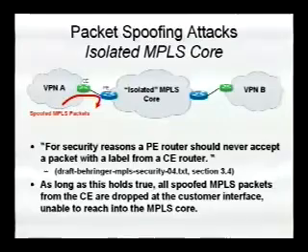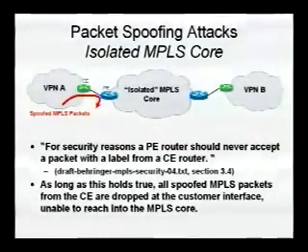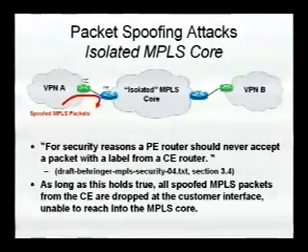So that gets around, not exactly the case that I pointed out a moment ago, because that was IP spoofing, but this gets around the potential for an MPLS packet being spoofed from the CE. So as long as this holds true, the isolated MPLS core, the core is isolated, and therefore you cannot spoof a packet. That's kind of the conventional wisdom for an MPLS core without any MPLS over IP enabled nodes.